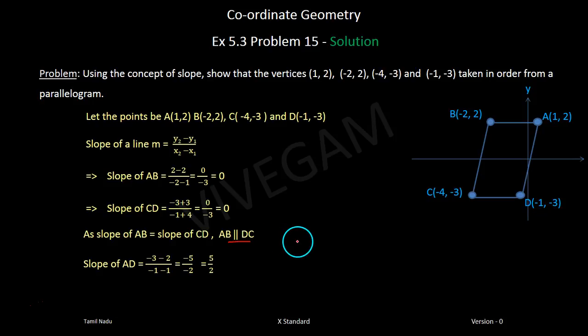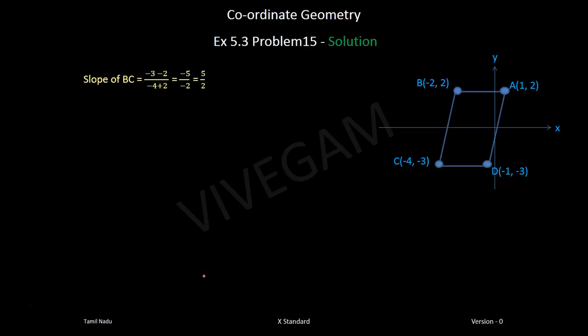So slope of AD, with A and D. This is x1, y1, this is x2, y2. So 3 minus 2 is 1, and -1 minus 1 is -2. That gives 1 by -2. Then we will do the last one, slope of BC. AD we found, and the opposite side is BC. Again, this is x1, y1, x2, y2.